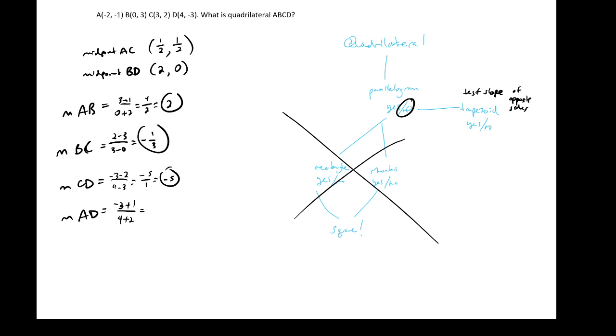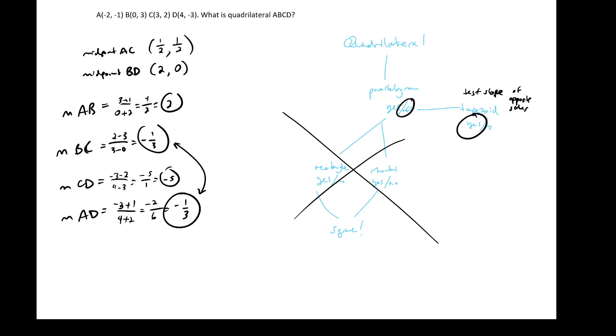You have -1, 0, 3, 3, 2, and 4, -3. So BC, -1/3. Oh, no, I'm doing this right. My bad. This is -2 over +6, which is -1/3. Yeah, of course. Sorry, just double checking myself there. These guys are the same. These are opposite sides. So yes, this is a trapezoid.